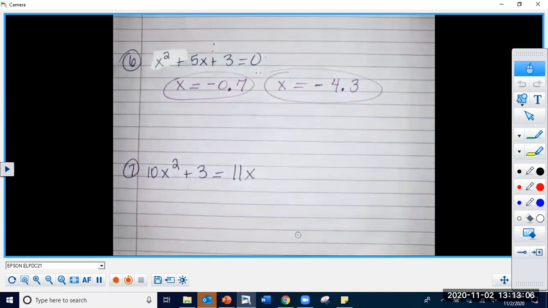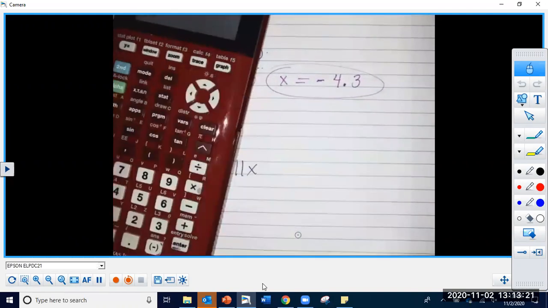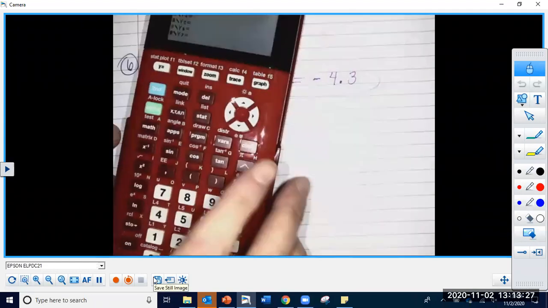If you have a graphing calculator, you can go up to your y equals area and type in your equation, x squared plus 5x plus 3.